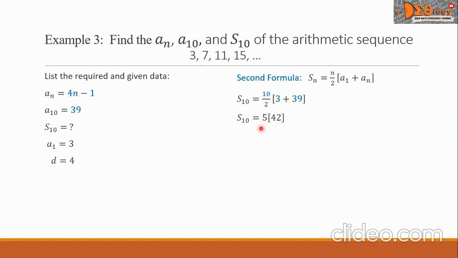Let us multiply 5 times 42. The answer is 210. This is the sum of the first 10 terms of this arithmetic sequence. Let us copy this value opposite S sub 10 on this side. So we are done with our example 3.